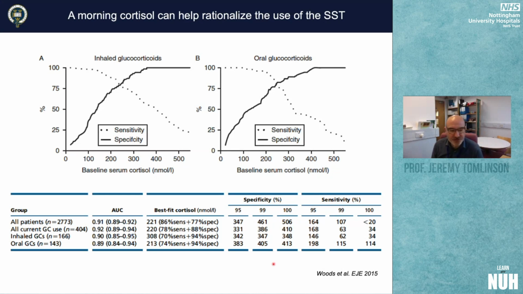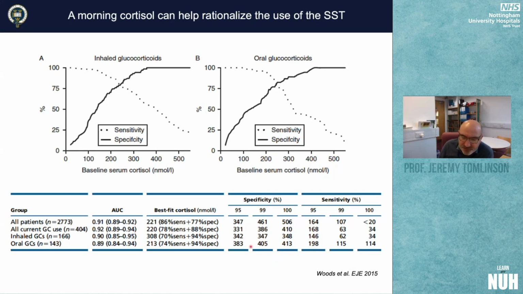So we took all our patients that were on either inhaled or oral glucocorticoids and set the sensitivity of our morning cortisol such that we didn't want to miss anyone. We didn't miss anyone that subsequently went on to fail the Synacthen test, so we picked up everyone that was adrenally insufficient.